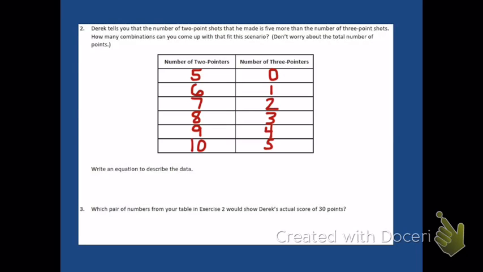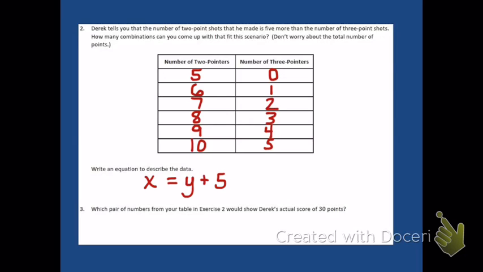So how could we write an equation to model this situation? Well, we already know what our variables stand for, because x is the number of 2-pointers and y is the number of 3-pointers, so this becomes a pretty simple equation. The number of 2-pointers is equal to the number of 3-pointers plus 5, so 5 more 2-pointers than 3-pointers.